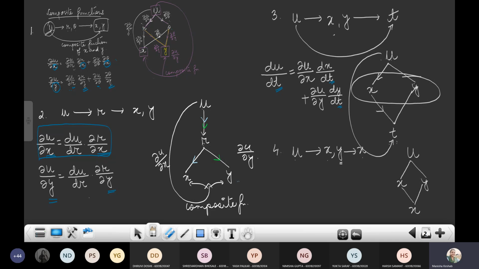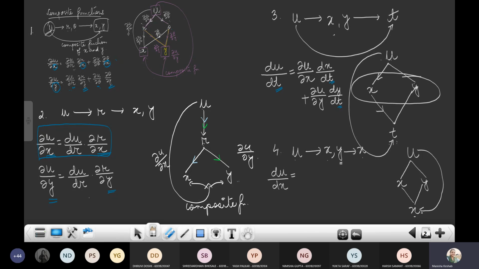That means here x anyway is a function of x and y is also a function of x. So that means u is a function of x finally. Since here also we have only one variable at the end, here we will get du dx.